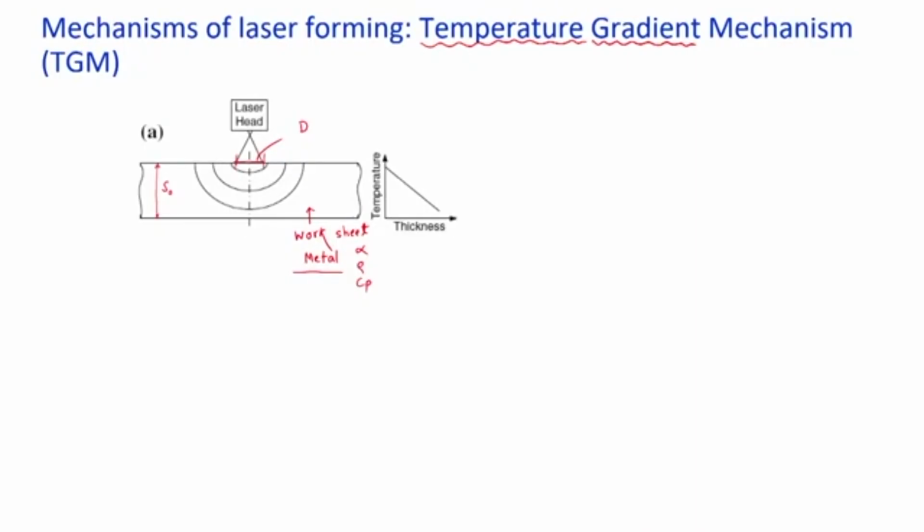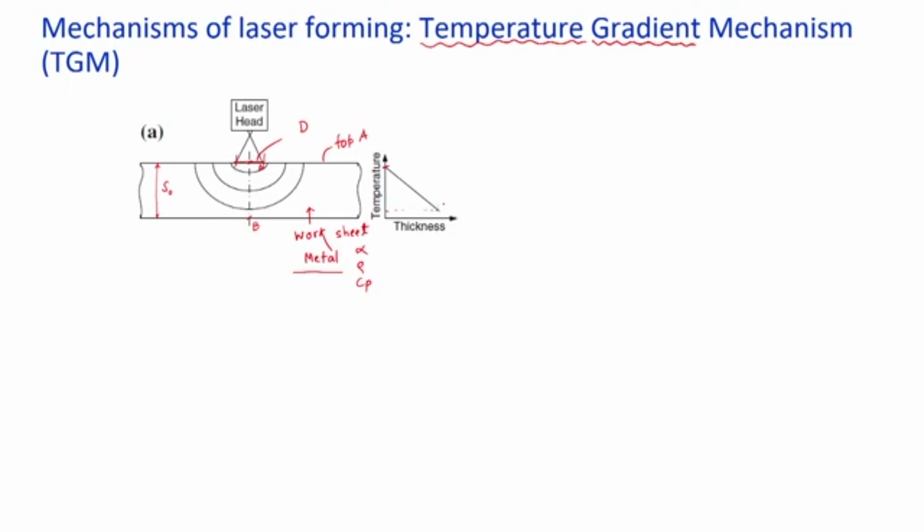Now, let us consider the laser is applied. At the top surface there is maximum temperature which is generated at the top fiber. So, this is the top surface, top point A. At point A we get this temperature, and along the thickness we get point B, and the temperature at point B would be very low.